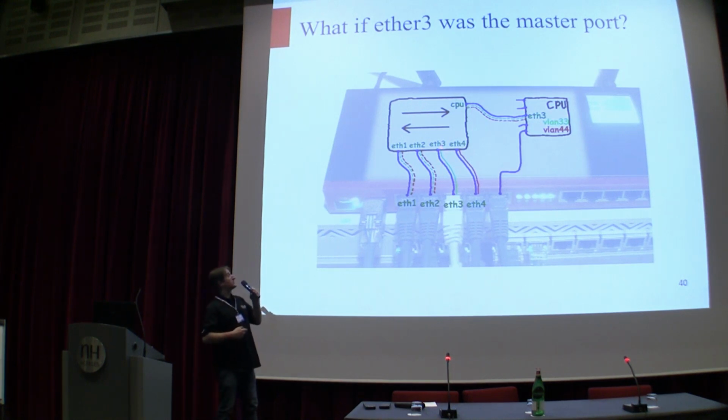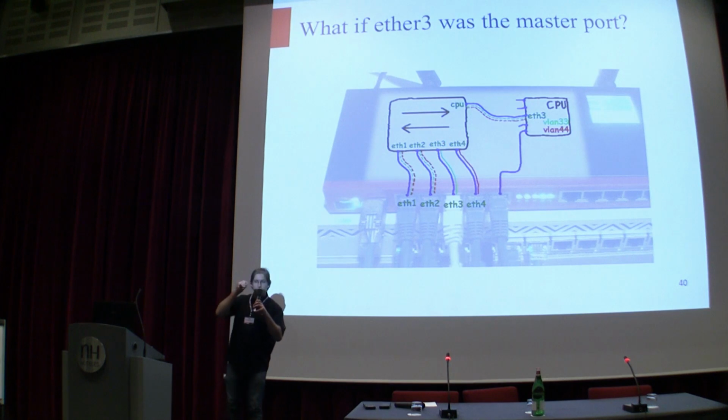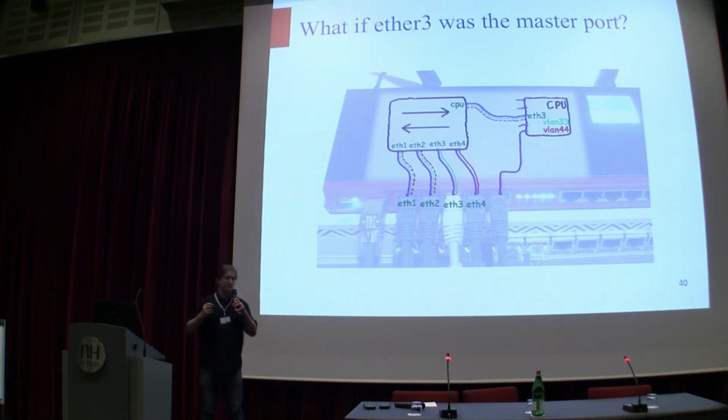This Ether3 is not the same as this. And we should always have this in mind, and we need to feel the difference because we can get lost without it. So we just configure the VLANs on the master interface, and everything is that simple with the switching chipset.